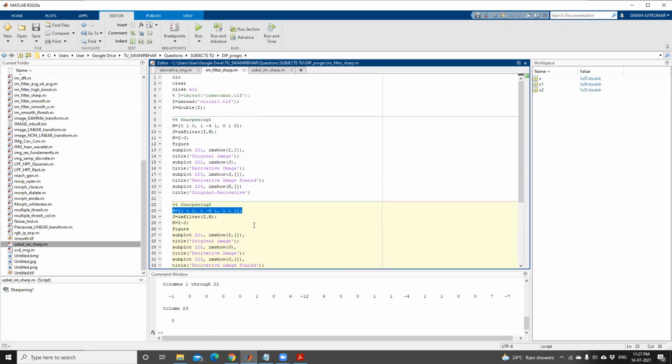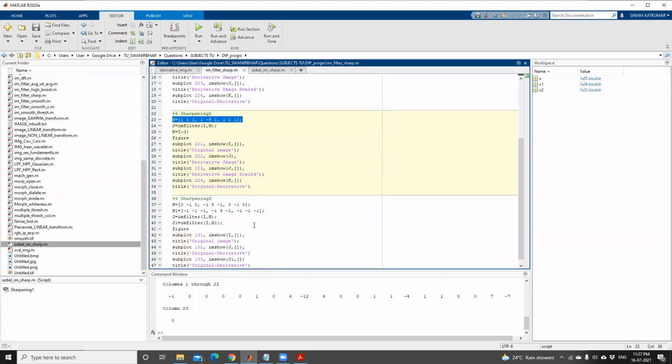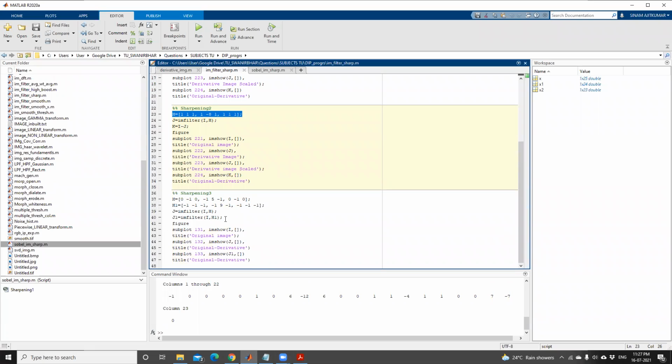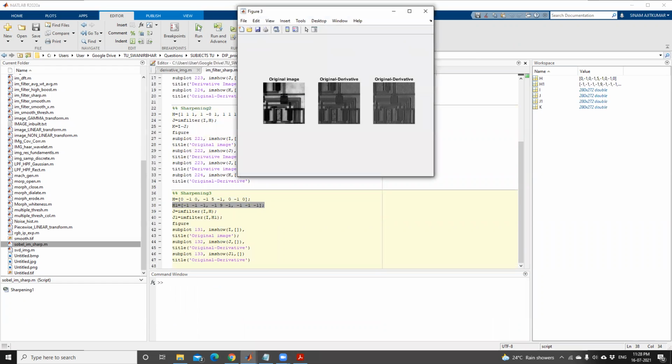So going ahead, if you go for the sharpening, here you have h 0, and as we go ahead, we have these two together. You can see the difference.